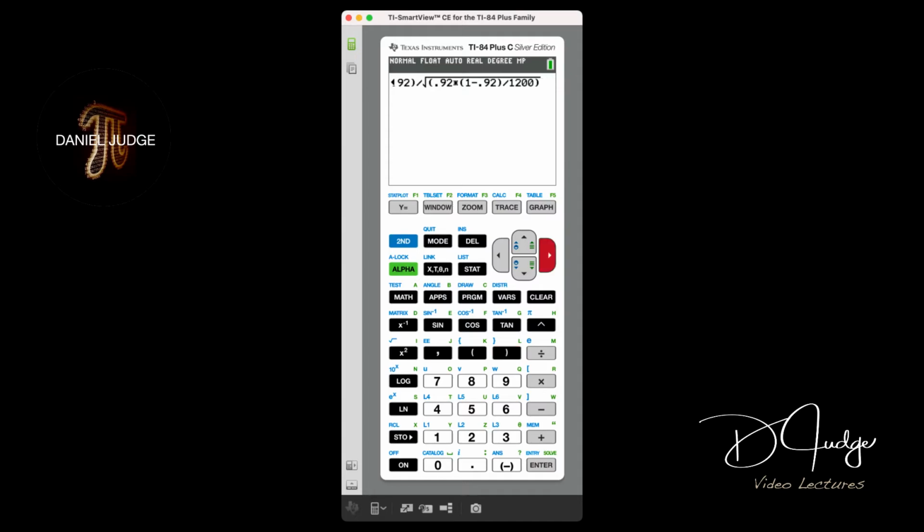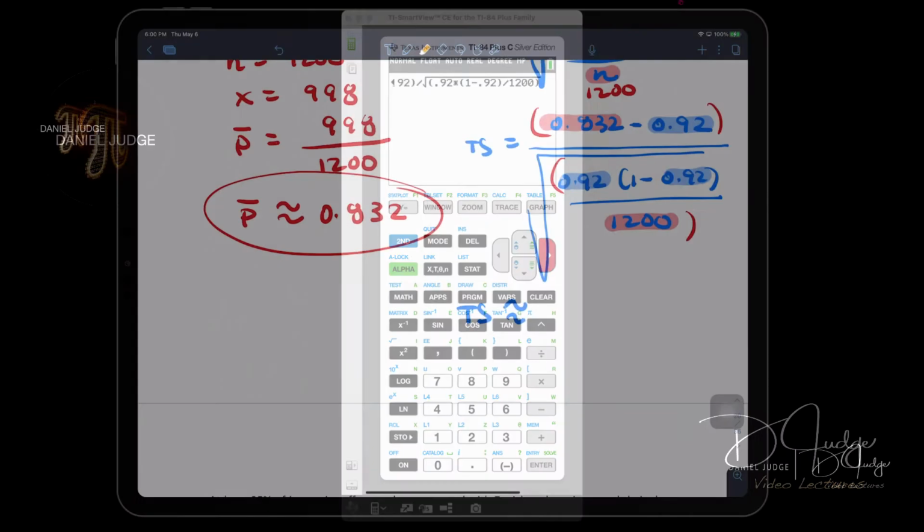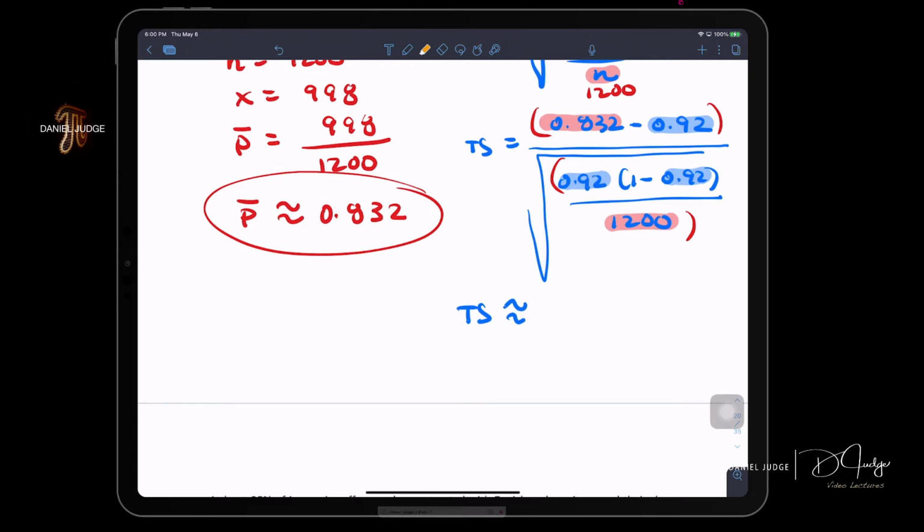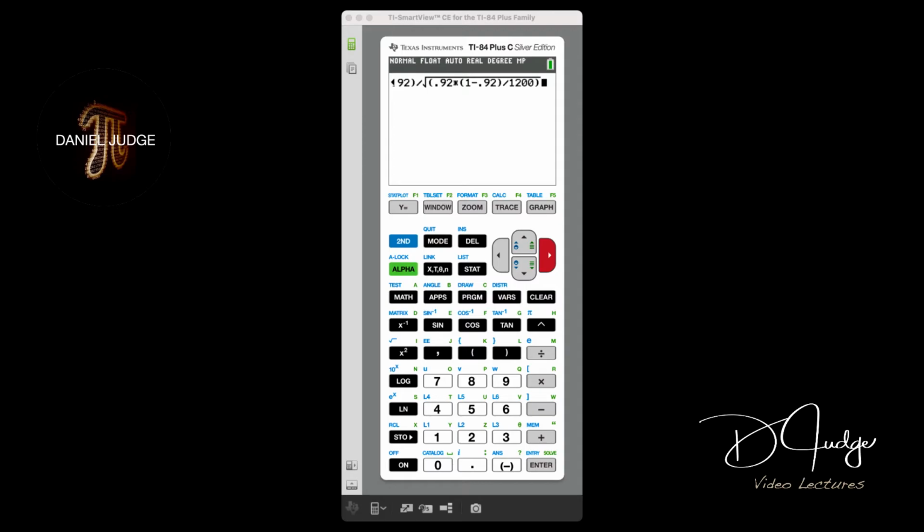Close this, come out of there, and hit enter. Remember, this is what you see here. You want to make sure. Double check. All right, hit enter. And you get negative 11.236. Approximate that to the nearest hundredths. Negative 11.24. Now, this is your test statistic value.